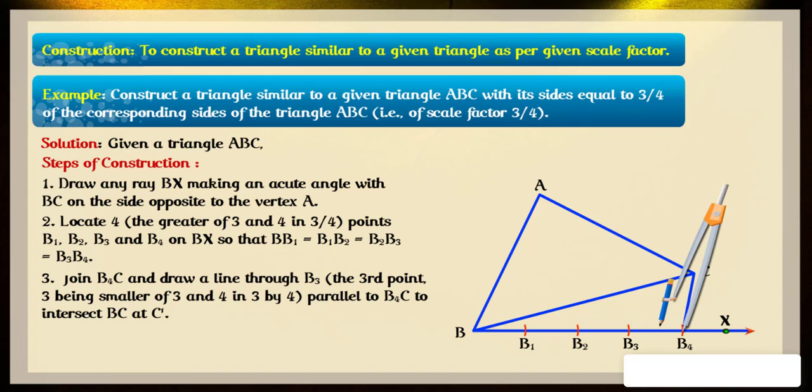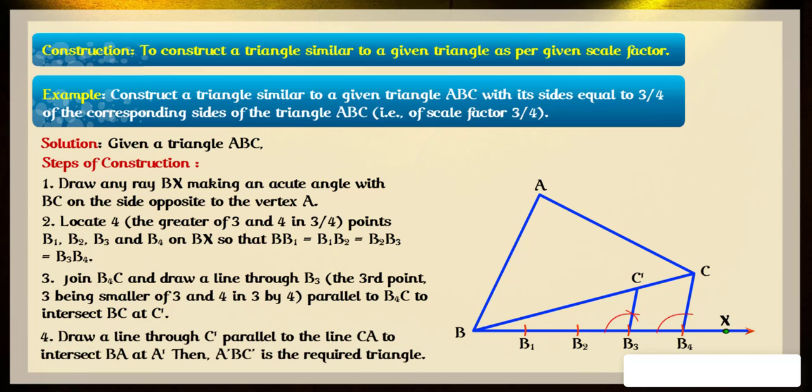Join B4C and draw a line through B3, the third point, 3 being smaller of 3 and 4 in 3 by 4, parallel to B4C to intersect BC at C dash. 4. Draw a line through C dash parallel to the line CA to intersect BA at A dash. Then, triangle A dash BC dash is the required triangle.